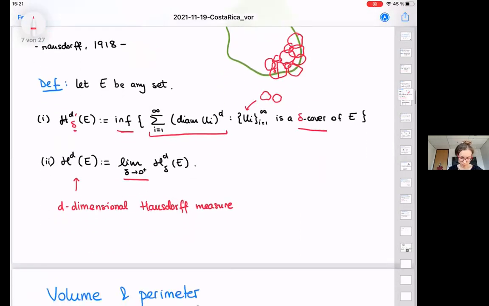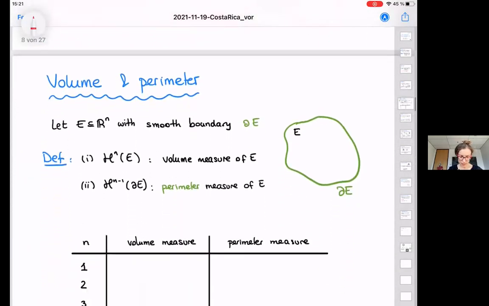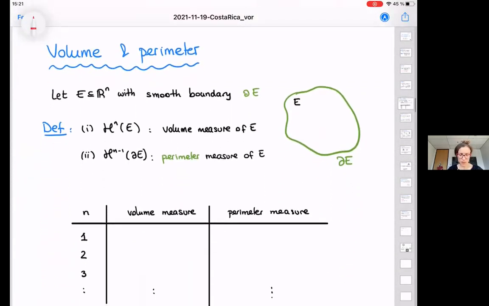So this is what happens in R^n. We think again of our set E. Now it could be in R^n. I cannot draw it, I can only draw in R^2. And we say that it has a smooth boundary, in the sense that I can sort of draw it without making many corners.